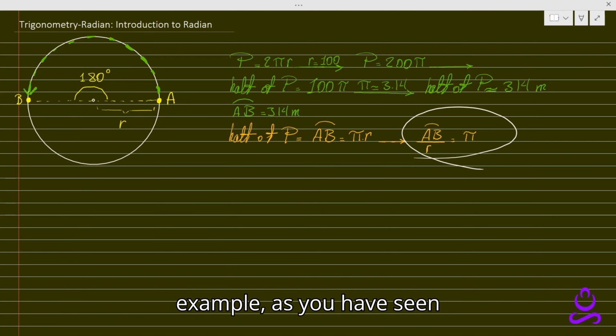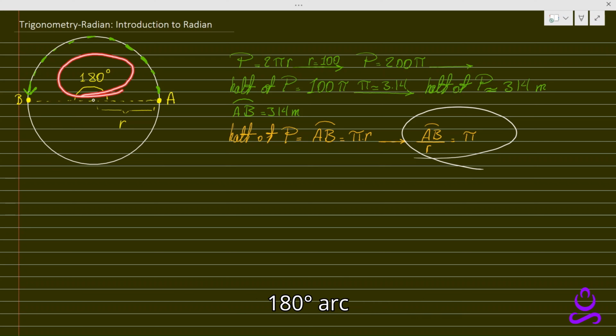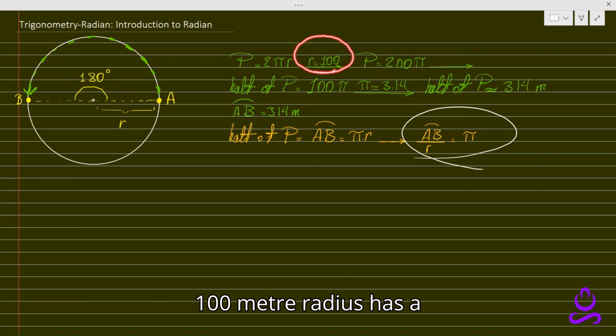For example, as you have seen right now, a 180-degree arc on a circle with a 100-meter radius has a length of approximately 314 meters.